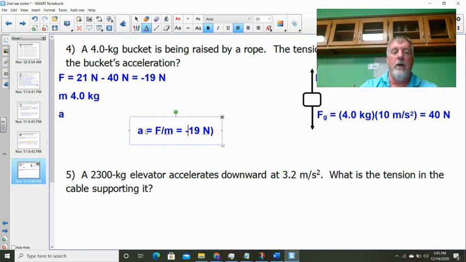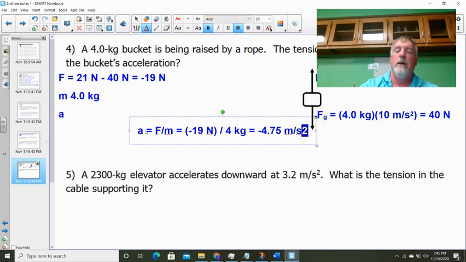We're going to divide that by our 4 kilograms, and we're going to equal a negative 4.75 meters per second squared. Okay. So we're accelerating down. Our string is not enough to keep us from accelerating down, right? It's not pulling up as strong as gravity is, but it's slowing us down. We're not falling as fast as we would if we had no gravity.